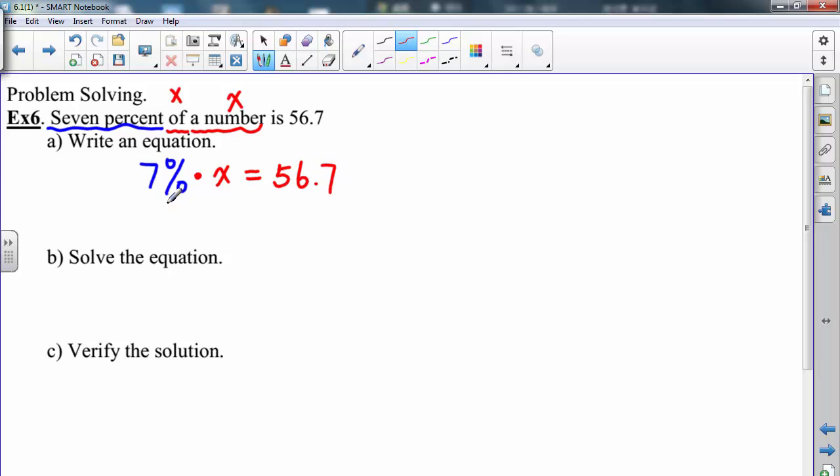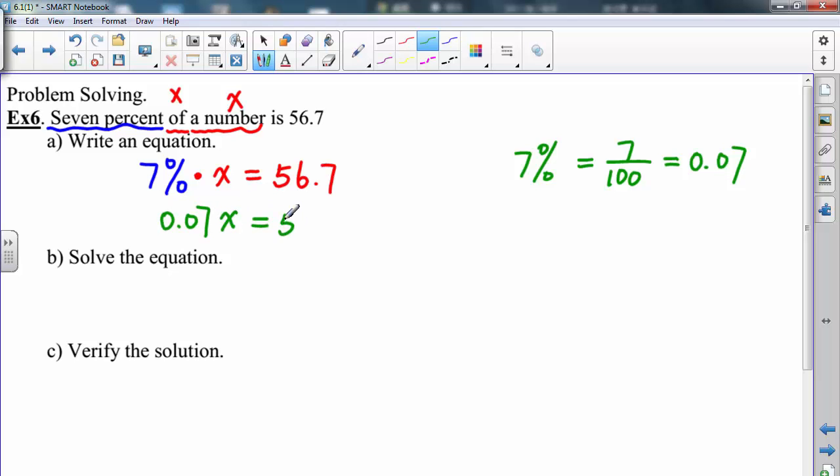What is 7%? 7% means 7 out of 100. If I want to convert this one to the decimal, you can change this one to 0.07. So this equation is the same as 0.07 times x equals 56.7.